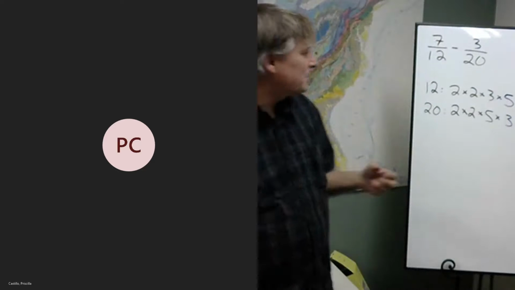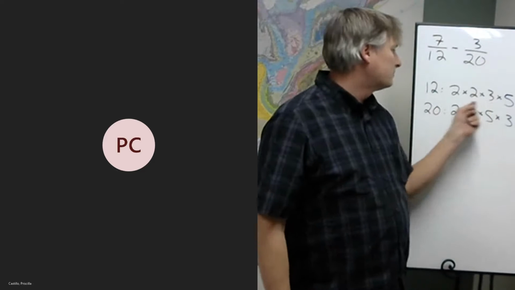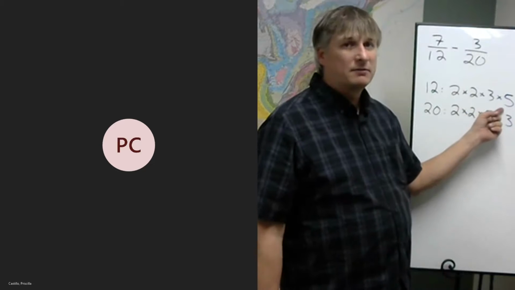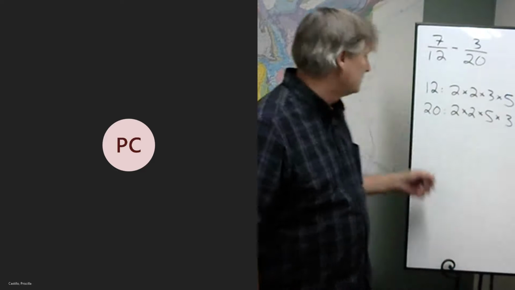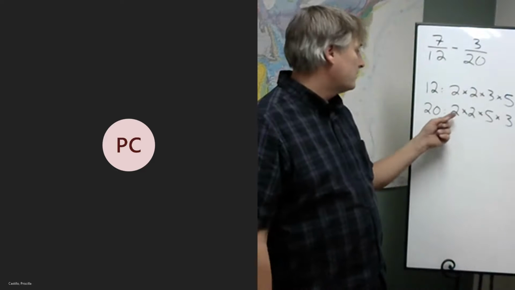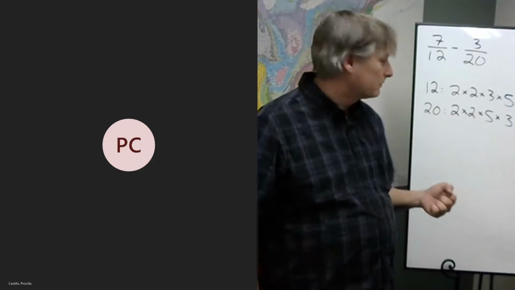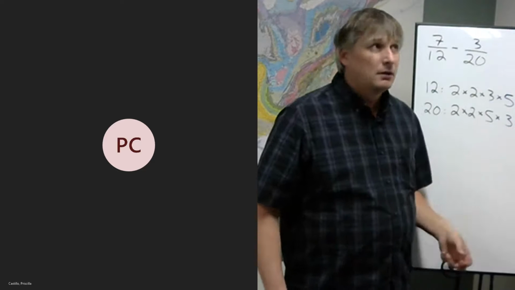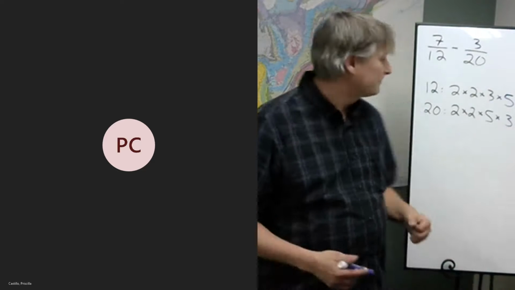Now, how do we get 60 from 12? Well, we took what 12 is, 2 times 2 times 3, and we multiplied it by 5. So multiplying 12 by 5 will give us 60. Now we take 20, we have 2 times 2 times 5. That's 20. And if we multiply by 3, then we'll get 60. So to turn 20 into 60, we multiply by 3.